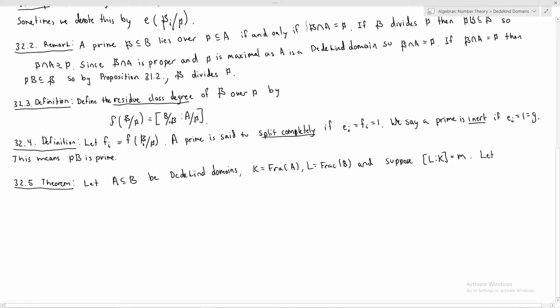I'm going to let P be an A, B prime. And let's say we know that PB factors in the following way, as above, P1 to the E1, through PG to the EG.